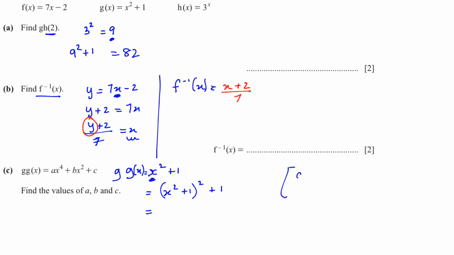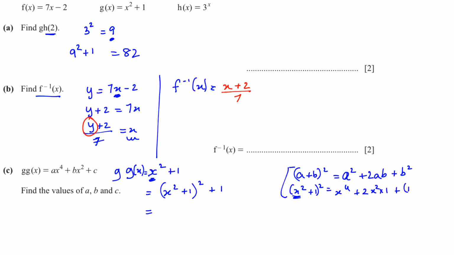It's a very good idea that you learn this identity. (a plus b) squared is equal to a squared plus 2ab plus b squared. So what is our a here? (x squared plus 1) squared. x squared is your a, so it will become x to the power of 4 plus 2 multiplied by x squared, and your b is 1.